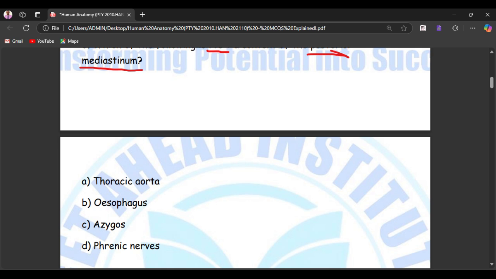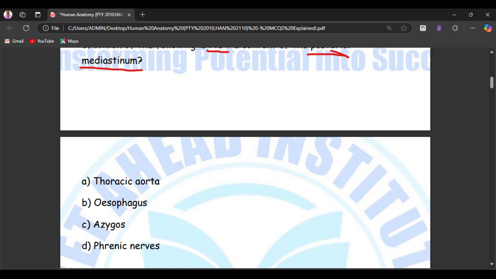It is very important for you to understand that the contents of the posterior mediastinum, which is also a subdivision of the inferior mediastinum, include, when you talk of the organs, the esophagus. When you talk about the arteries, you have the descending thoracic aorta. When you talk of the veins, you have the azygos, the hemiazygos, and also the thoracic duct.